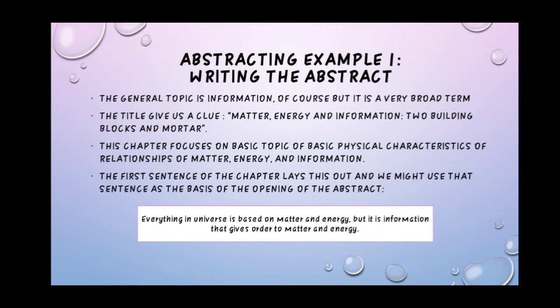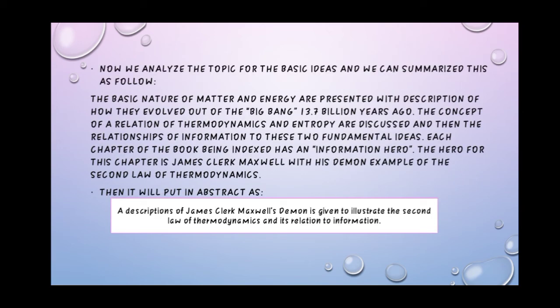Now we analyze the topic for the abstract idea and we can summarize this as follows. The basic nature of matter and energy are presented with a description of how they evolved from the Big Bang 13.7 billion years ago. The concepts of thermodynamics and entropy are discussed.